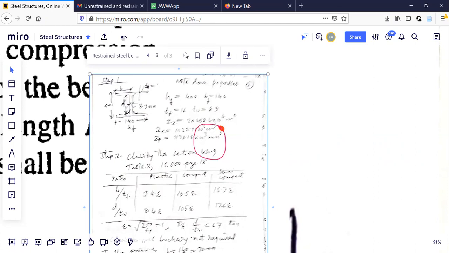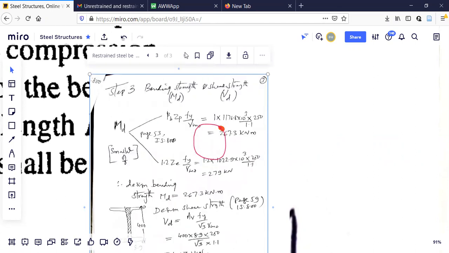So step 1 was noting the geometrical properties. Step 2 was whether the section was plastic, compact or semi-compact. Now step 3, bending strength and shear strength, I have to calculate, Md and Vd. So on page number 53 of IS 800, this formula is there. Md is the smaller of these two. Both formulas are on page number 53 of IS 800.